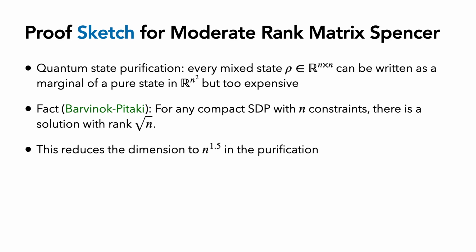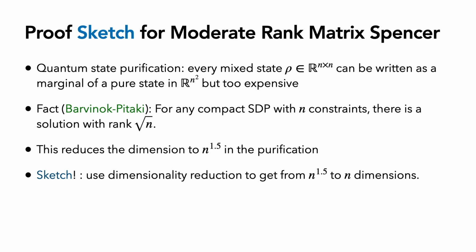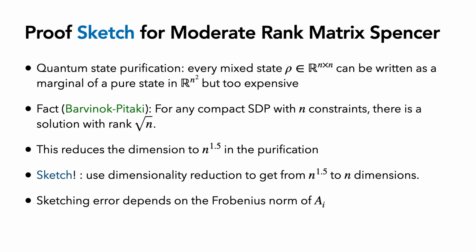This reduces the dimension from n squared to n to the 1.5, but this is still too large. In order to reduce the dimension further, we sketch the state from n to the 1.5 to n dimensions. The sketching error depends on the Frobenius norms of the A i. This is why we have the restriction in our theorem.